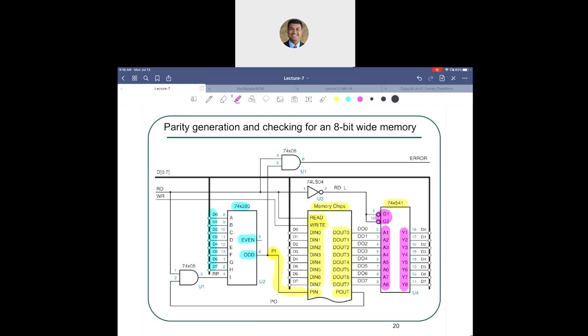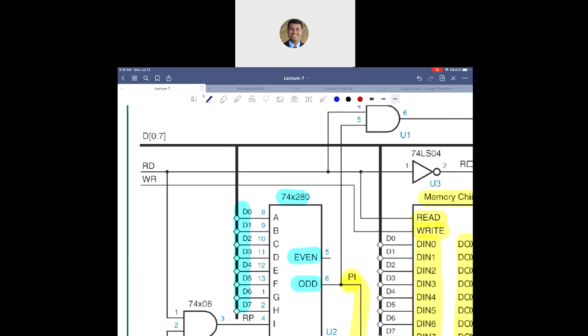Now, let us see what is happening here. Let us suppose we are trying to write something to the memory chip. So let's say we have some 8-bit data over here, and we are trying to write this to the memory.